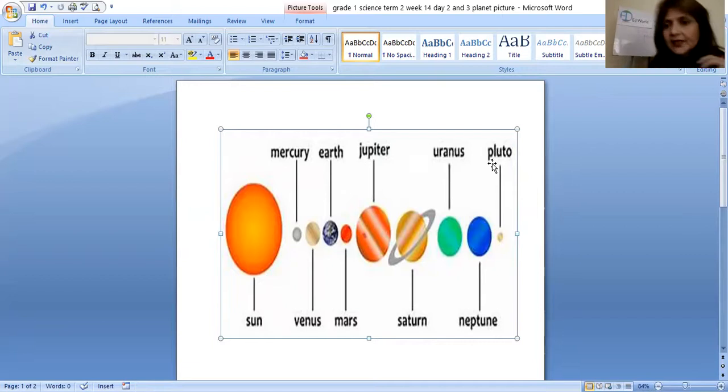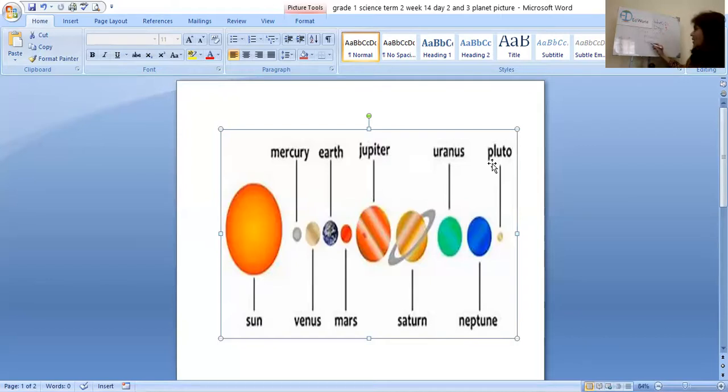Now, let's write down these names on the board. First name is Mercury. Then Venus. Then it is Earth. Then it is Jupiter.